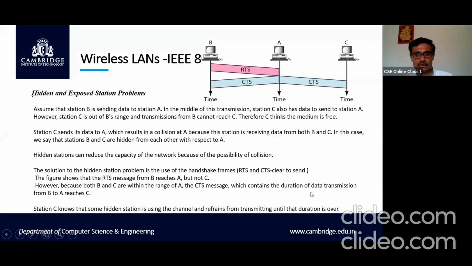So this is how the collision problem, the hidden station problem, can be solved. Station C knows that some hidden station, B, is using the channel and refrains from transmitting until that duration is completed.